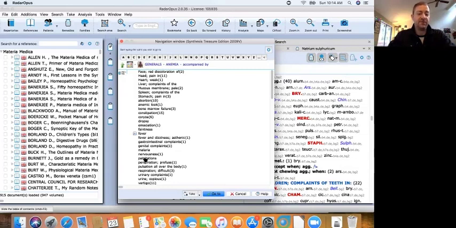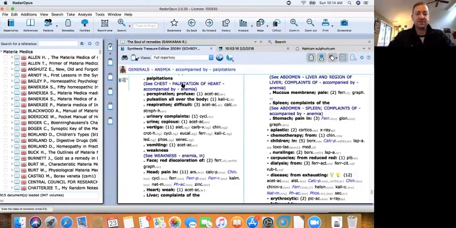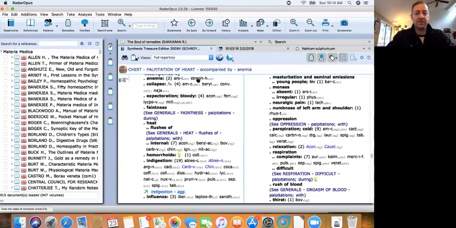That's a really good one if you have a patient with anemia. It's under chest, palpitations accompanied by anemia. And you've got strophanthus, which is a really big cardiac remedy. Really unique symptoms around having a weak heart. Palpitations, and arsenicum iodatum. So palpitations by anemia.